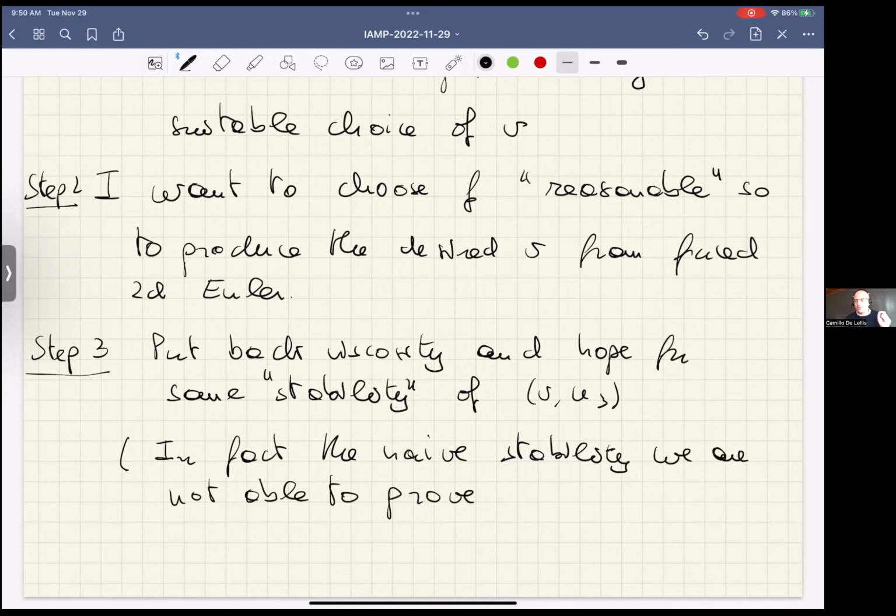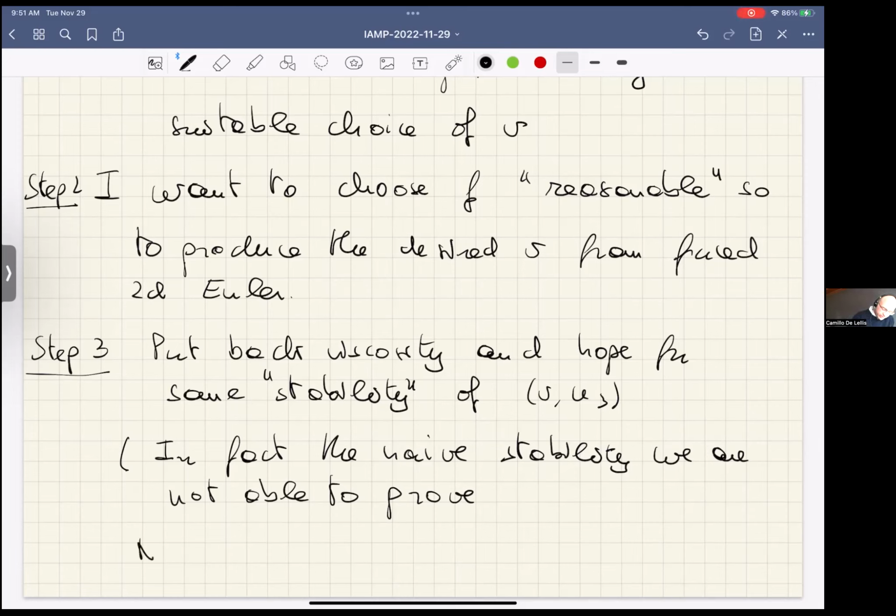But there is a very nice idea that we can use, which goes in this way. So if V and U3 would be stable, then there would be anomalous dissipation because you're converging to this guy, which dissipates. On the other hand, if V and U3 were not stable, then there would be anomalous dissipation also. Because when there is not strong enough dissipation, it actually would help you to prove stability.